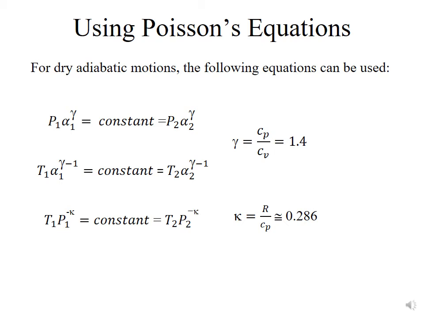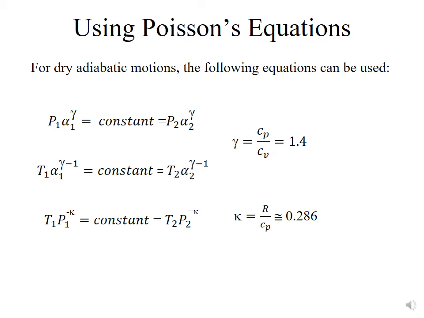Using Poisson's equations, the first question to ask is, is this a dry adiabatic process? If it is, then you can use Poisson's equations, and this is how it's typically done. If we look at the first equation, P1 alpha 1 to the gamma is equal to a constant, which is equal to P2 alpha 2 also raised to the gamma power.